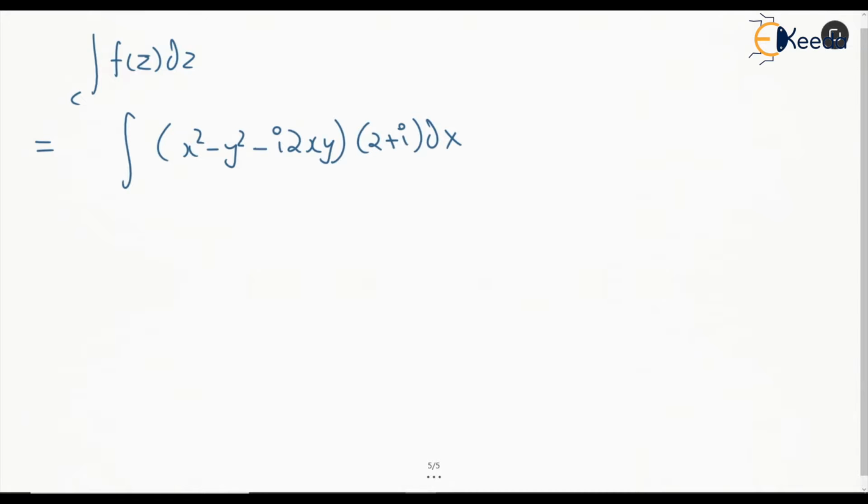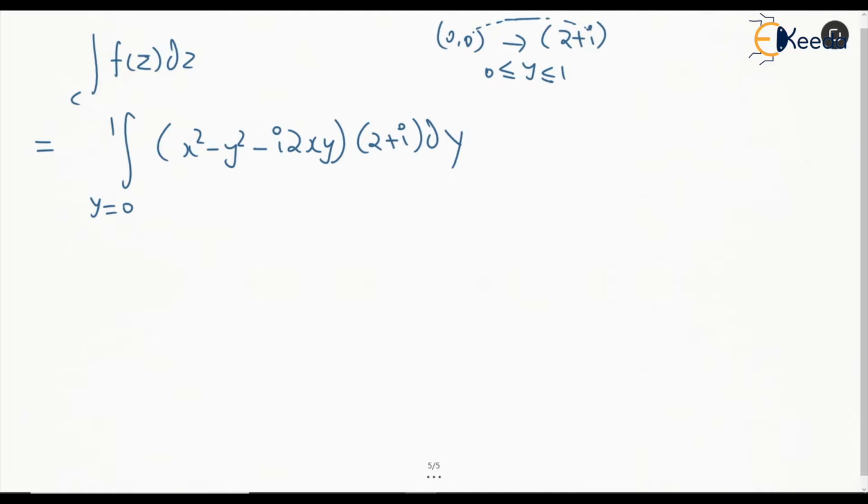And we also know the limits of y. Yes, the starting point is 0 and the limit is up to 2 plus i. This tells you the limit of y as 0 to 1, right? Check for the imaginary part. Imaginary part is moving from 0 to 1, so y is 0 to 1. So I can write 0 to 1.